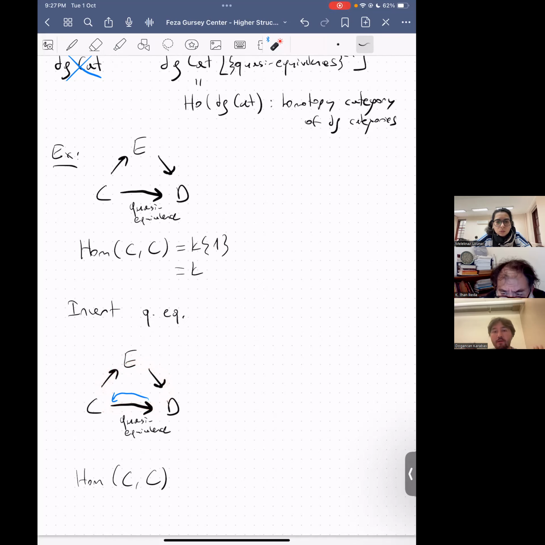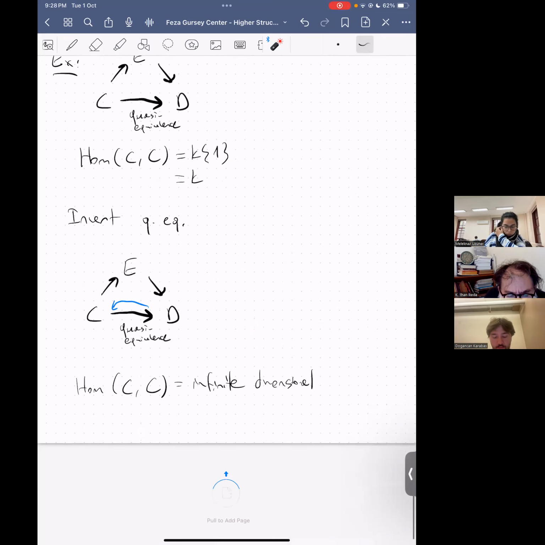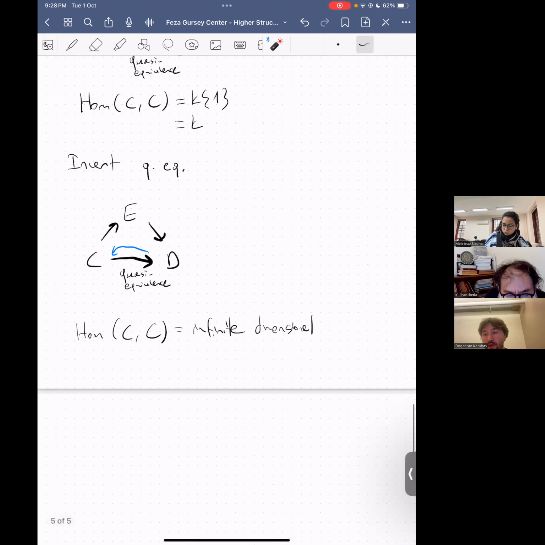It's like a quasi-functor from C to C. And I can do one more round, 2, 3. I can continue composing these three arrows many times, and I get infinitely many arrows. So now this space is infinite dimensional. The Hom space changed drastically from one dimension to infinite dimension. Therefore, localization changed the category a lot.